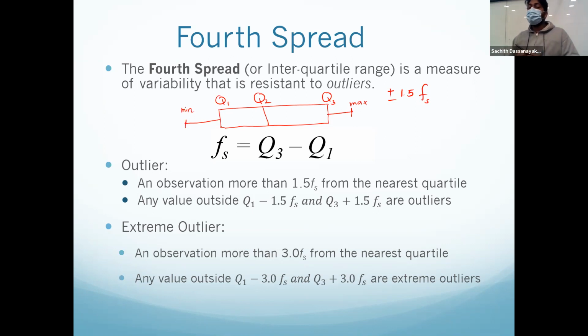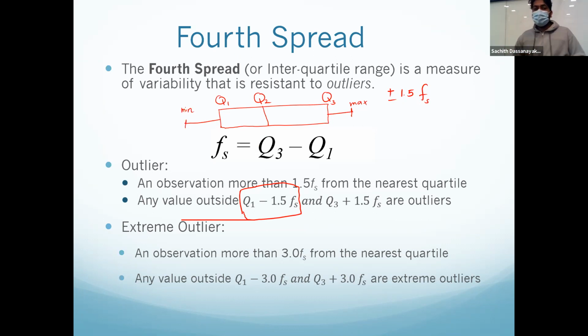Okay, first we need to find is there any outliers from our left hand side or from the beginning. So what we have to do is pick Q1 and do this calculation. Left hand side, Q1 minus 1.5 times fs. Fs is interquartile range, Q3 minus Q1.